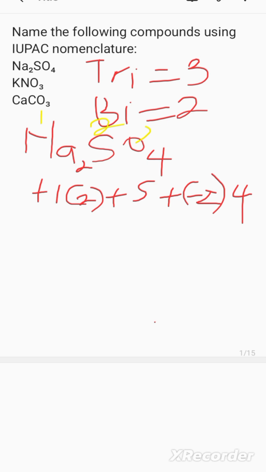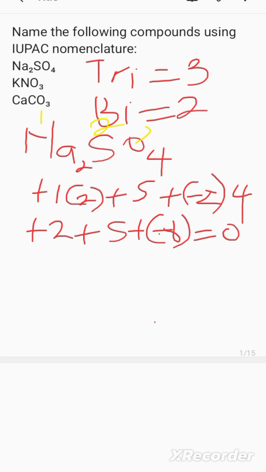So the total oxidation state is going to be equal to 0. You multiply it, and you are going to have +2 plus X plus in the bracket of -8 equals 0.